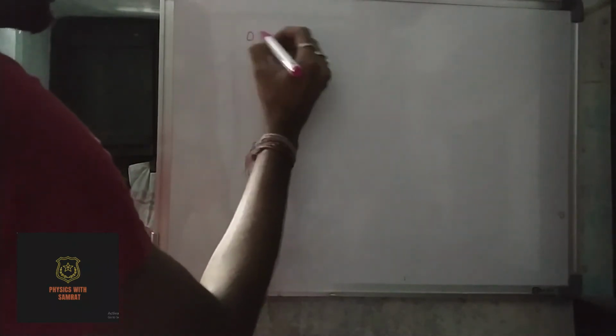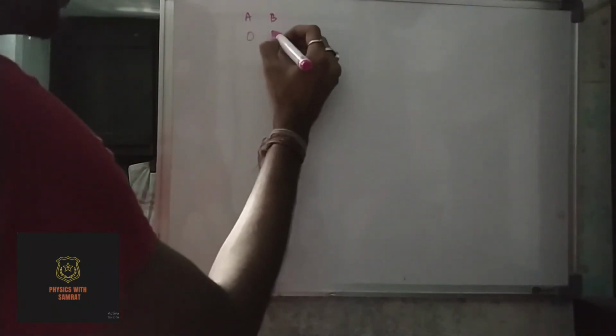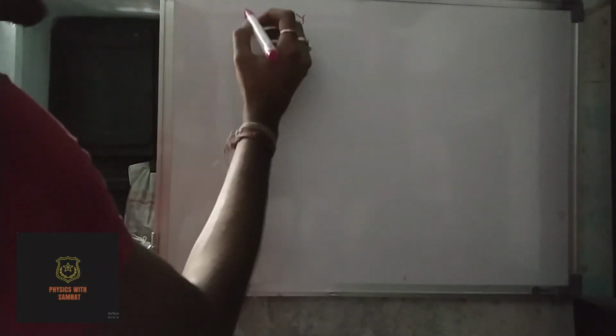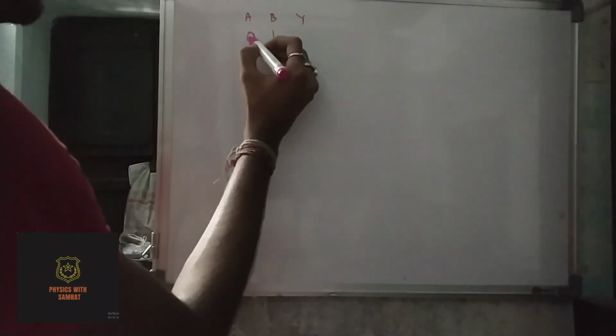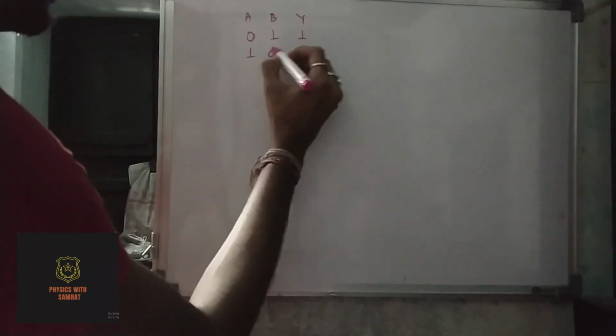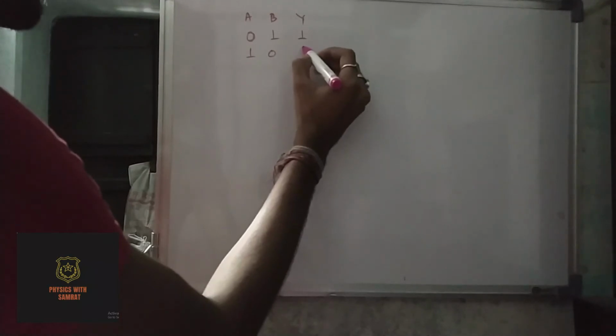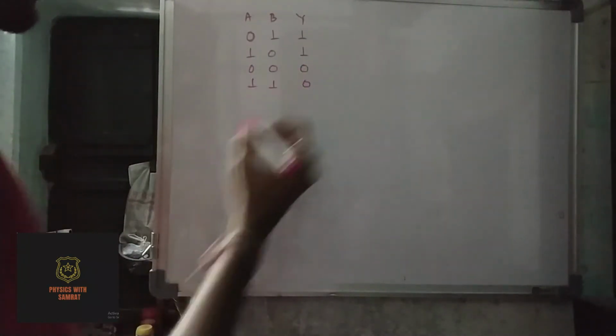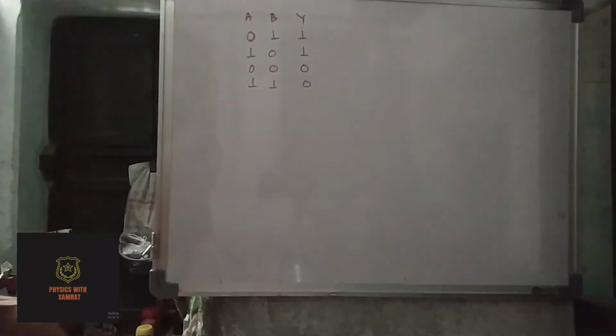So there is another thing I must say. Just remember, in an exclusive OR gate, when the input is 0 1, we get 1, and 1 0 we get 1, and in the other two cases we get 0, low input, low output.